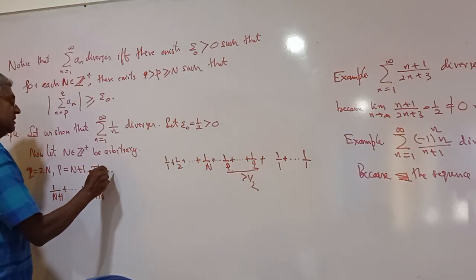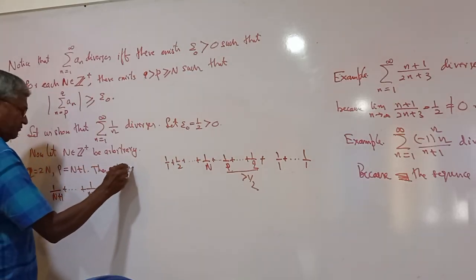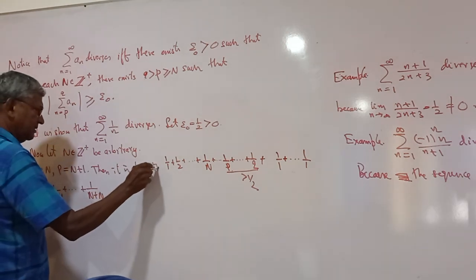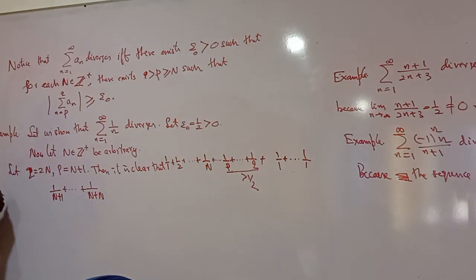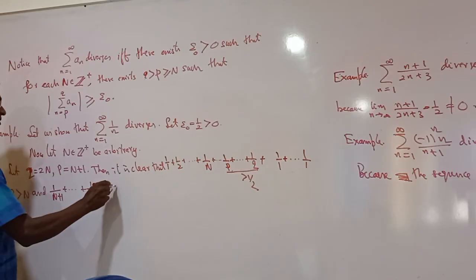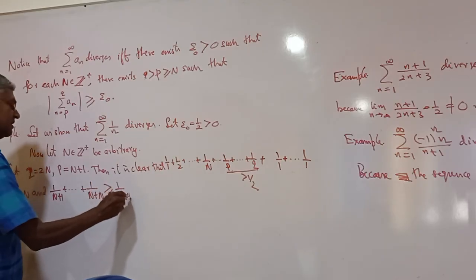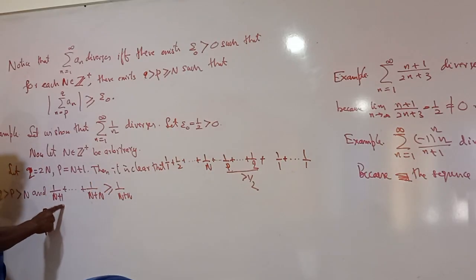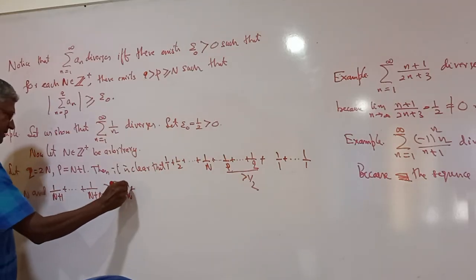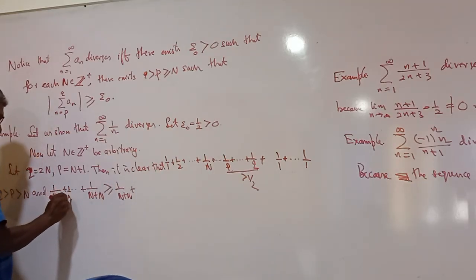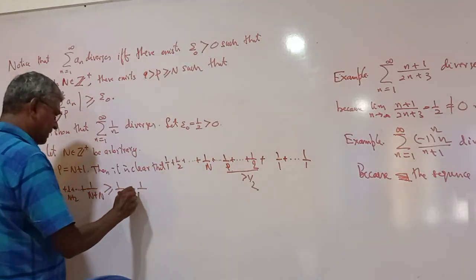Then it is clear that Q is strictly greater than P, which is strictly greater than n. 1 over n plus 1 is bigger than or equal to 1 over n plus n. Here 1 over n plus 2, that is also bigger than 1 over n plus n.